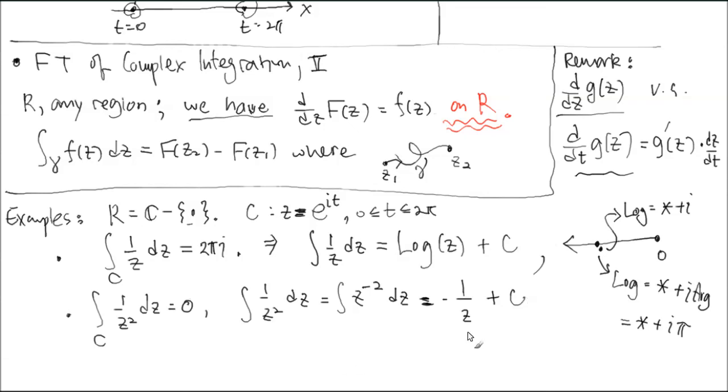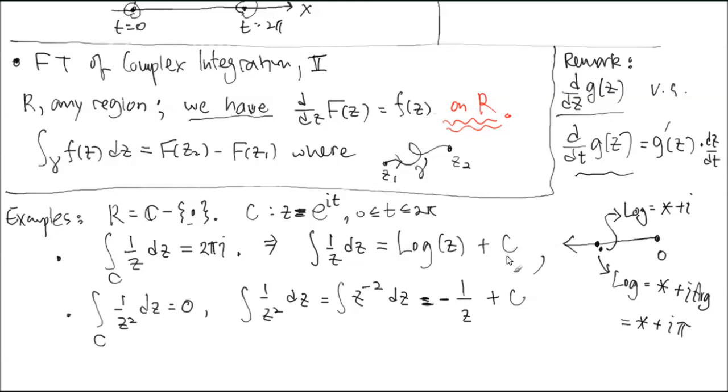Is this guy defined everywhere on R? Does this one have a branch cut? The only thing that has a branch cut in the class of elementary functions is log. Since it's not involving log, where is this thing not defined? Where the denominator is 0. That's the only one. So this guy is actually analytic everywhere except at 0.